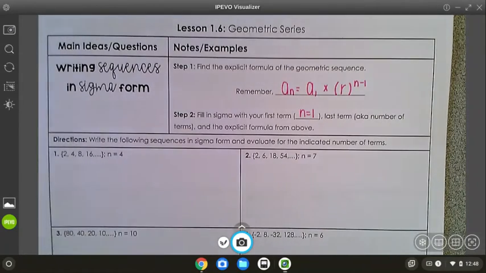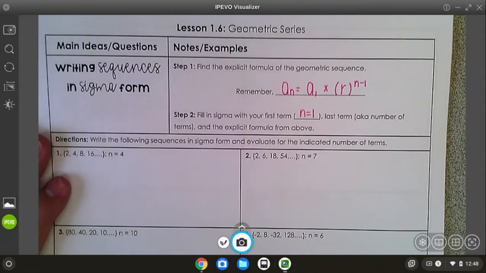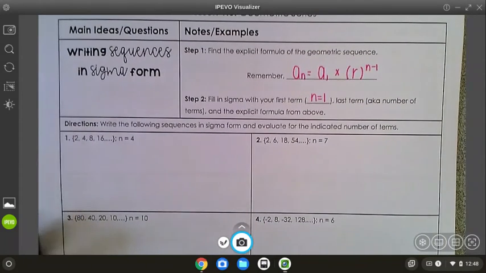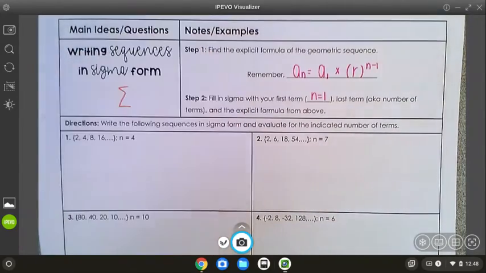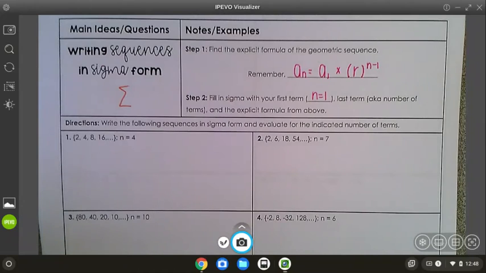You'll probably enjoy geometric series a little bit better. All right, so we're going to start with sigma. Again, this is generally everybody's preferred way, but I'm also going to show you a new formula later on.